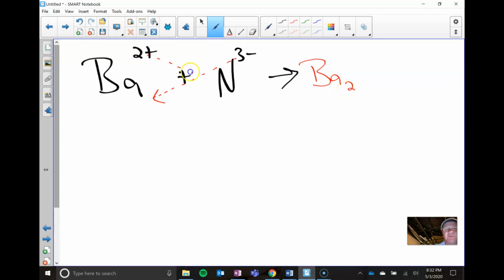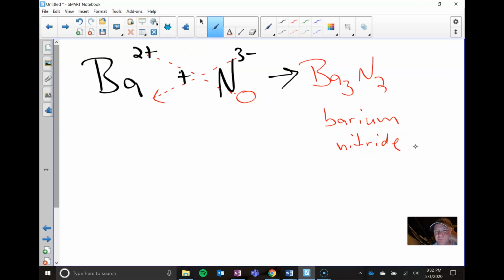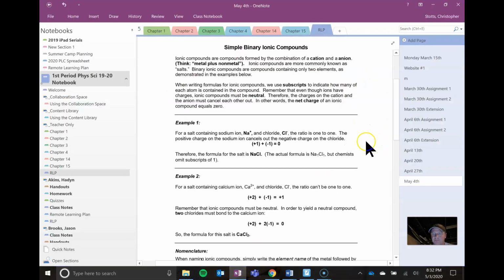This 2 up there would crisscross down here and become the subscript, N2. The 3 crisscross down there, Ba3, and then the 2 come down there, N2. And what's the name of that? Barium nitride. And that's it.